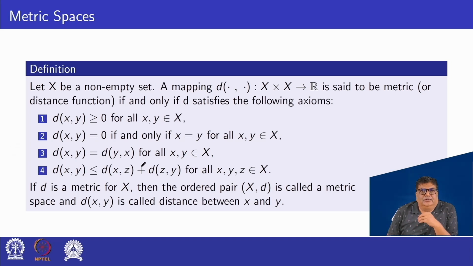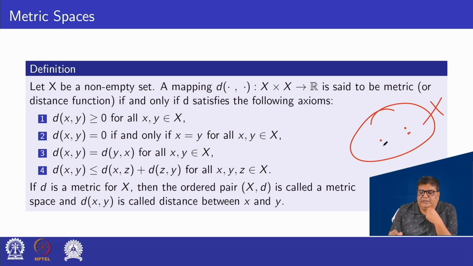Metric space. We start with the mapping d such that X cross X to R, where X is a non-empty set. Suppose this is the non-empty set X, and we take any two points x and y.